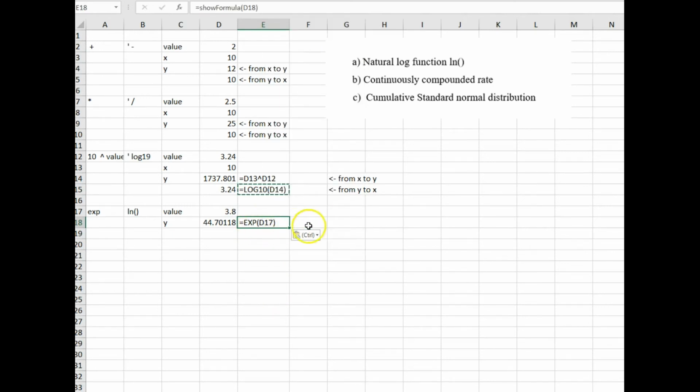So we apply the exponential function. If we want to recover the previous one, then we use natural log. Then we get 3.8. So this is natural log, exponential versus natural log functions.